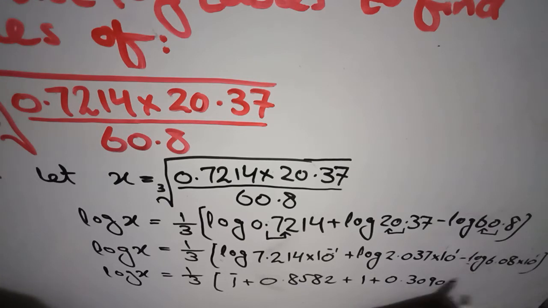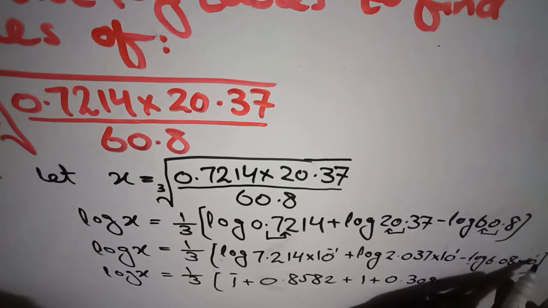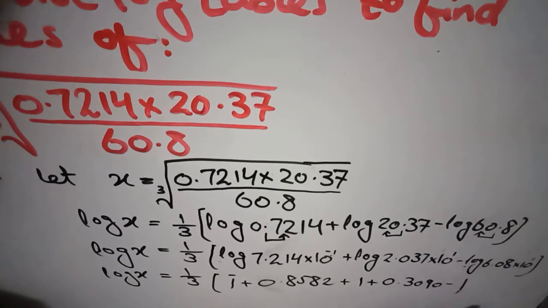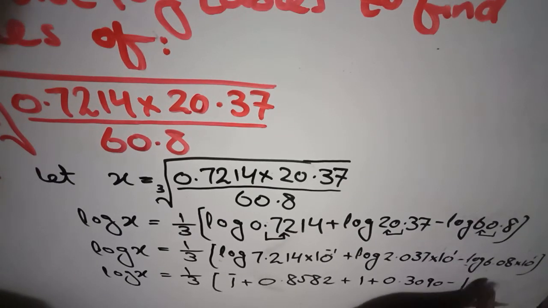Okay. Now for this one there will be a minus, and I am just writing it directly, because due to this minus both the characteristic and mantissa will become negative. So the value can be written as minus, with the mantissa positive, minus plus minus.